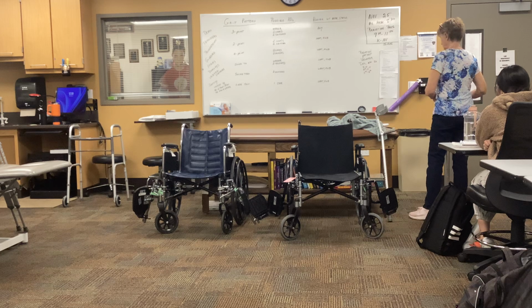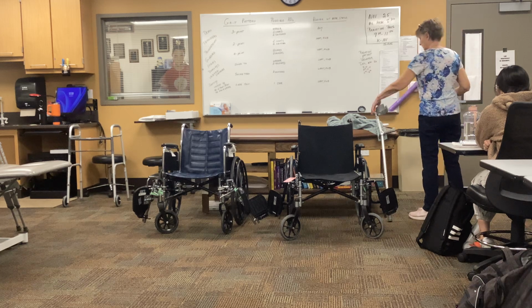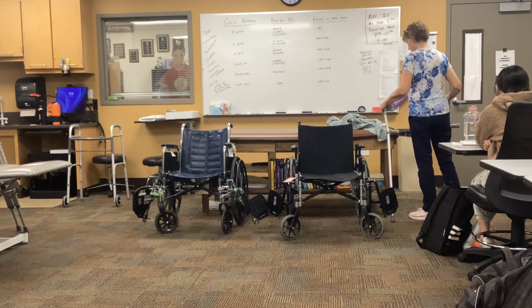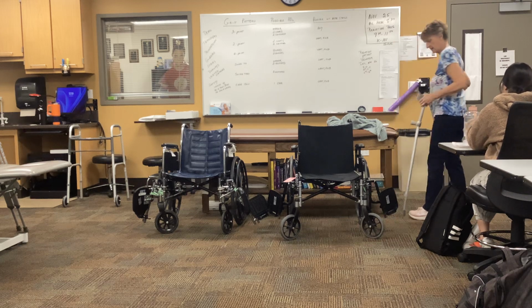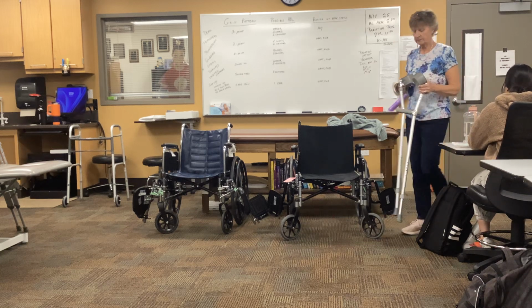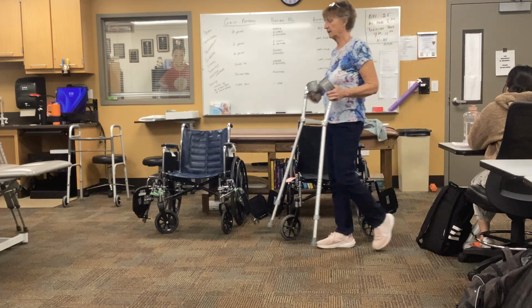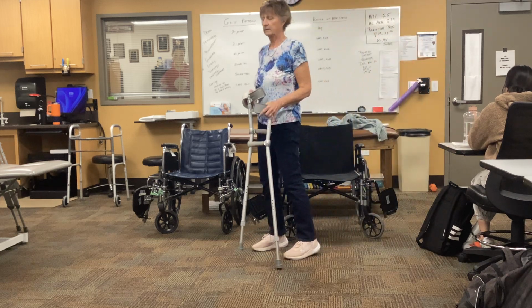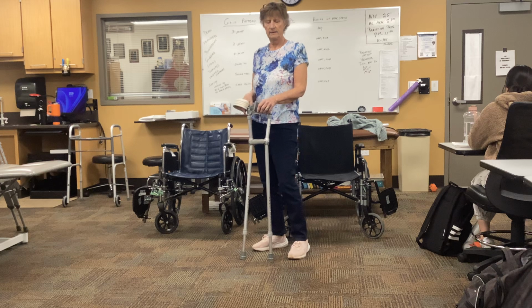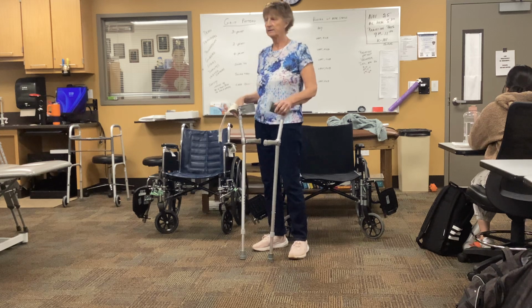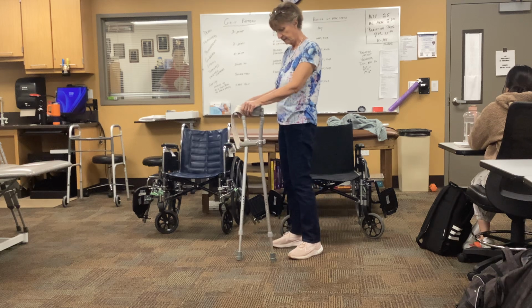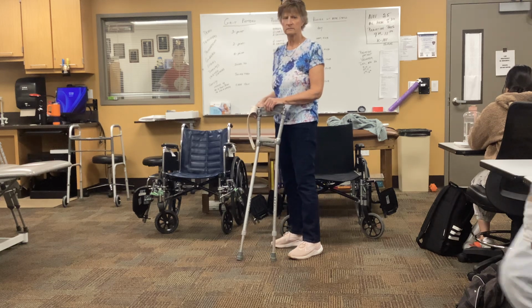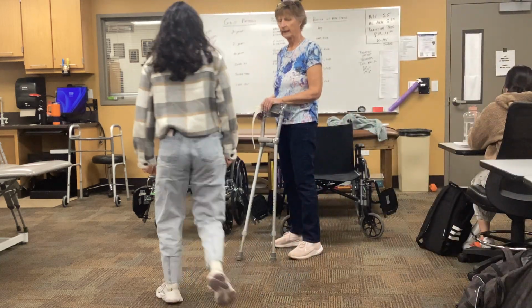So let's take a look at the methods your book talks about for getting up out of a chair and ambulating. And we'll take a look at the stairs. All right, so Amy, come on up here.